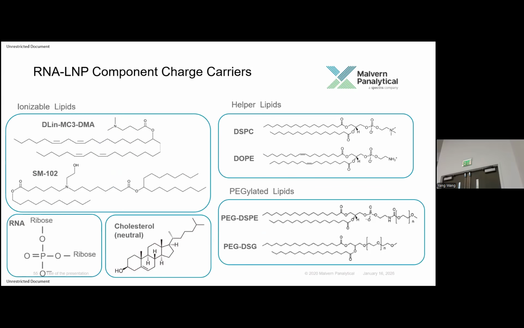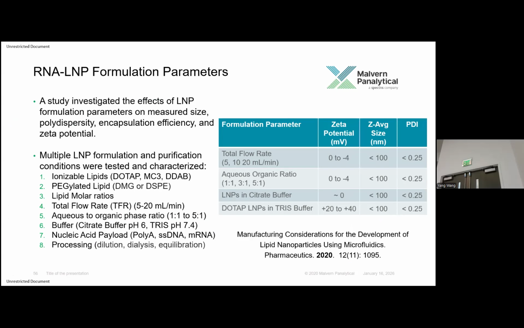And then there's a whole field of lipid nanoparticles where we look at ionizable lipids and various other types of lipids, the helper lipids and pegylated lipids. They'll have these different charge components to them. We can go through a full study and see the size, the zeta potential, the PDI, where people look at the encapsulation efficiency, zeta potential, polydispersity, size, and so forth, and then go through all these different conditions in their formulation to understand what is the optimal formulation.